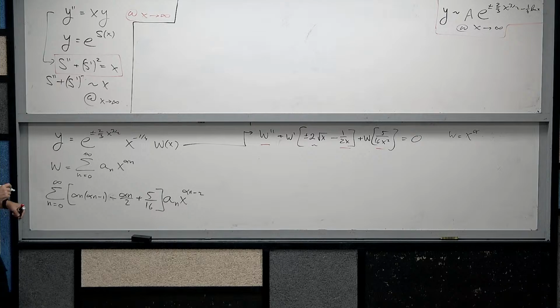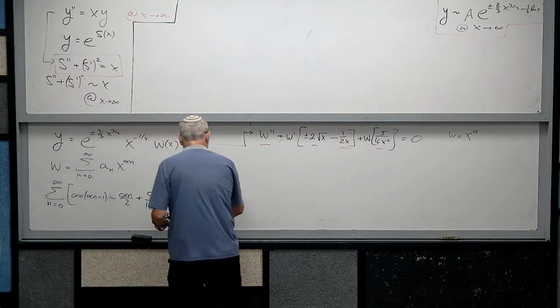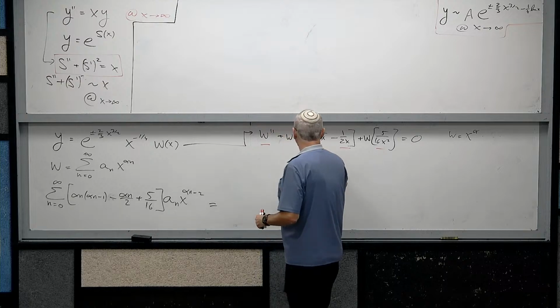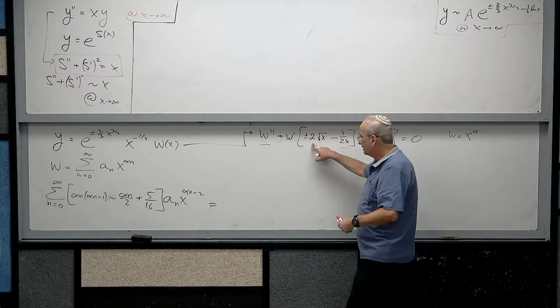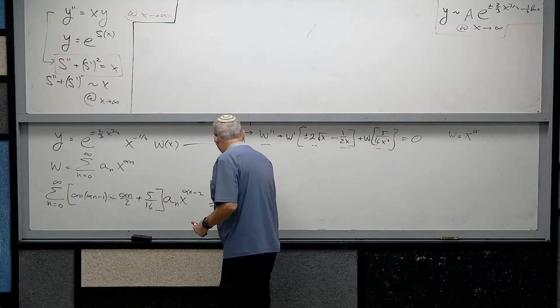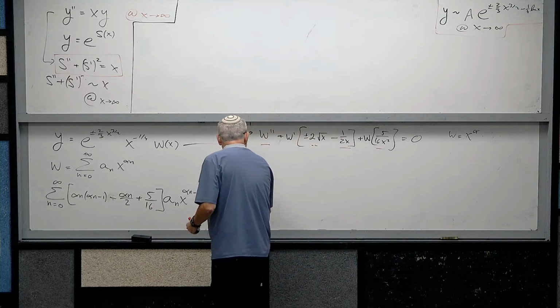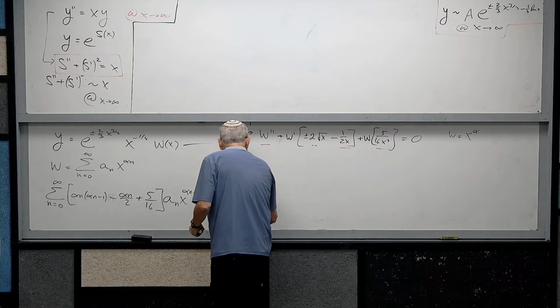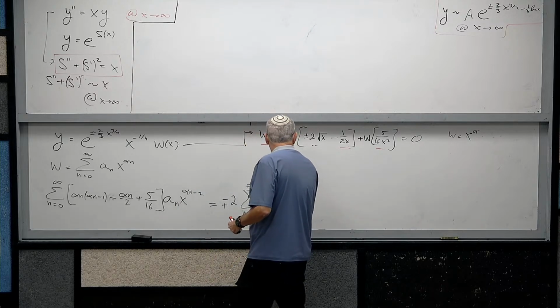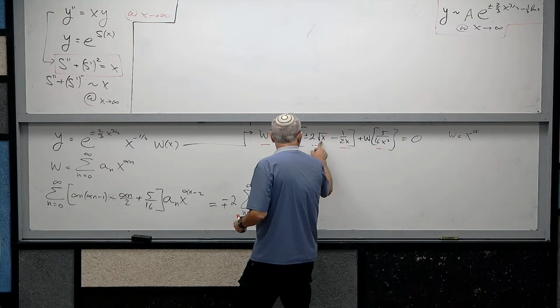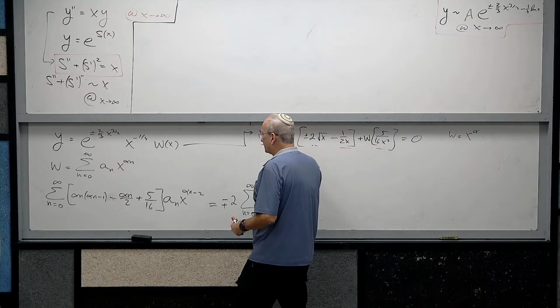Okay? Equals to, now I'm taking only this term and moving it to the other side of the equation. So I have minus plus, and I have 2, sum from n equals 0 to infinity, this is w prime, so I have to take one derivative.